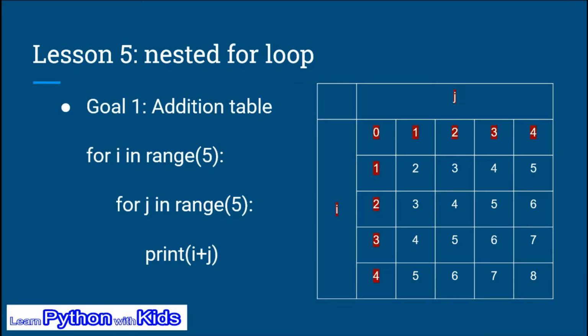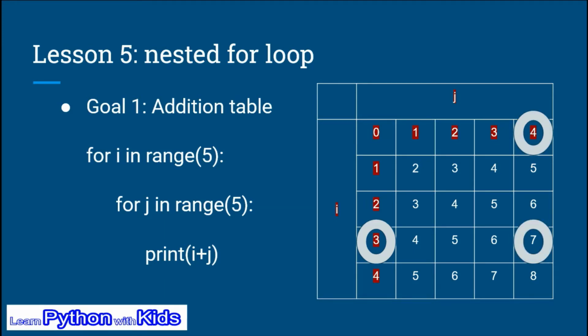Here is our first nested for loop program, the addition table. Every cell in this table is the first column number plus the first row number. For example, 3 plus 4 equals 7.